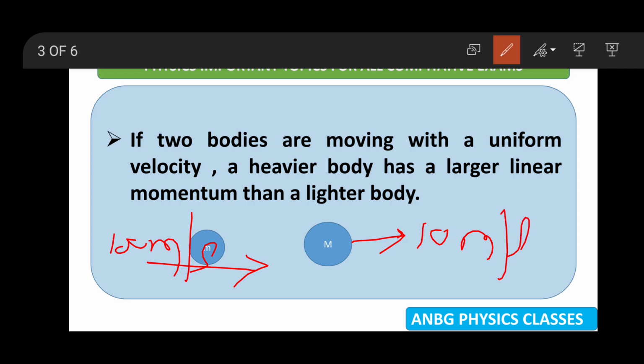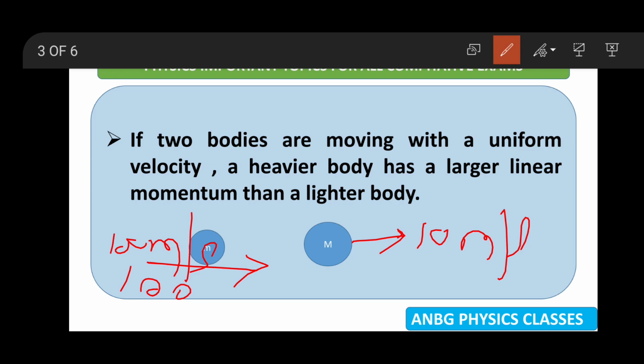If you multiply mass and velocity, the mass is m and the velocity is 100, so we get 100 m kg meter per second. The magnitude will be more for the object with the smaller mass than for the object with the larger mass.